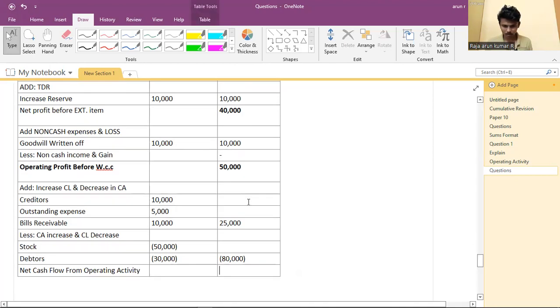How much? 50,000 plus 25,000 is 75,000. 75,000 minus 80,000, minus 5,000. The bracket means minus, a negative value, that is why I gave it inside brackets. Okay, I hope you understand that.